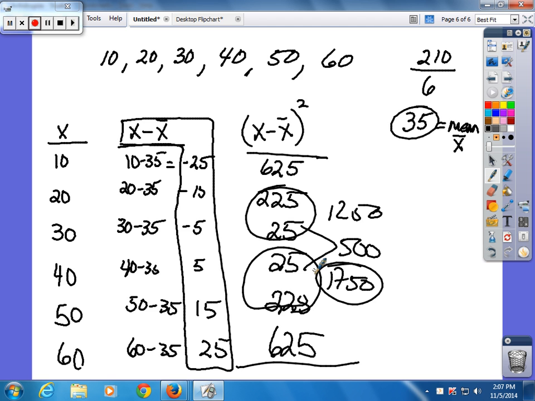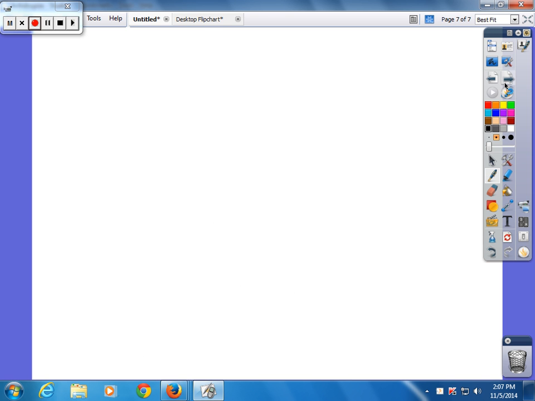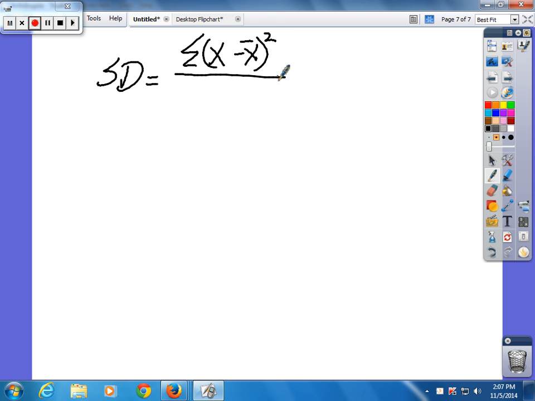Now I have my standard deviation. Standard deviation is equal to the square root of the summation of X minus X bar, quantity squared, over N minus 1. There is the definition of the standard deviation. Now we just found the numerator right here, 1750. Actually, this is the variance, but we won't mess with that.